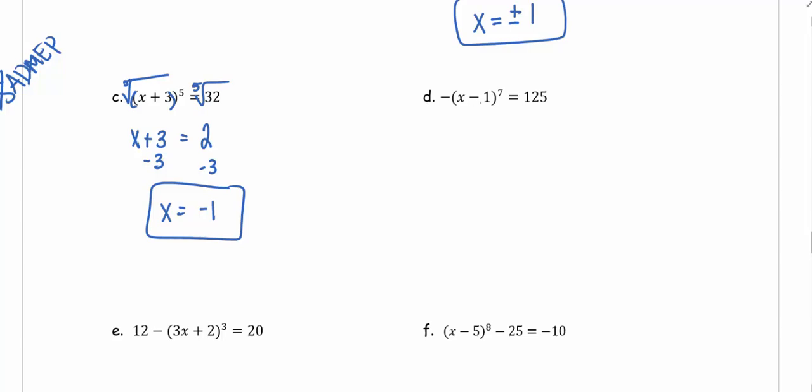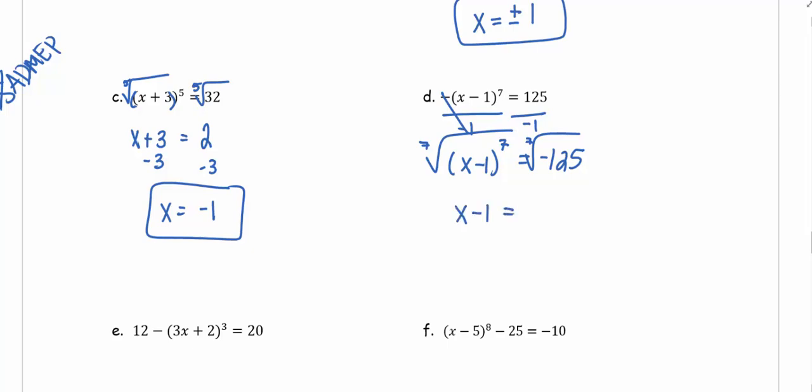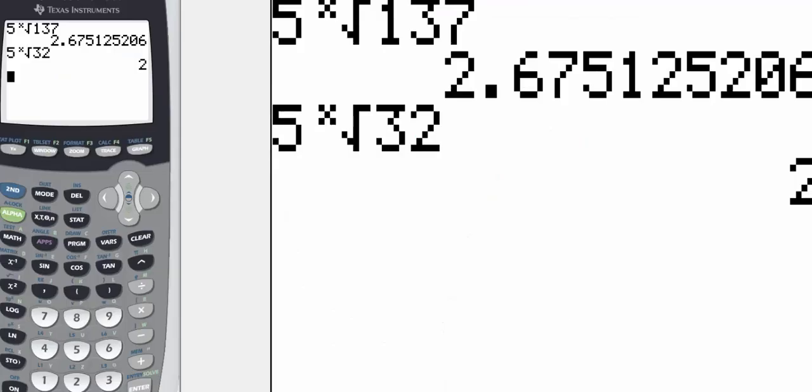Alrighty. Part D. Again, I'm going with my order of operations, so there's nothing to add or subtract, but the next thing would be to divide by negative 1. So x minus 1 to the 7th power equals negative 125. I'm going to take the 7th root, it has to be a 7 to cancel out that 7. So I'm left with x minus 1. And then I'm going to do that in my calculator.